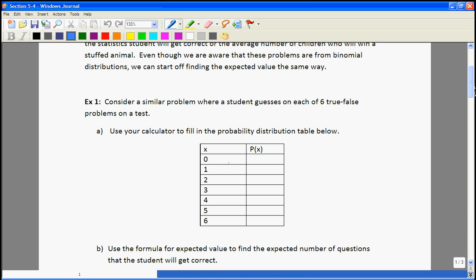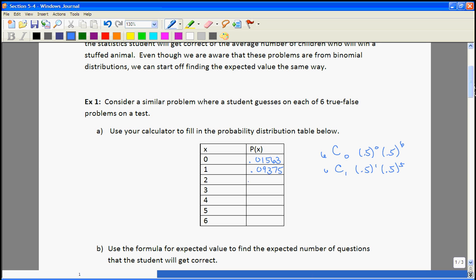So for each of these, you can think of it as setting up 6 choose 0, 0.5 to the 0, 0.5 to the 6th. So that comes out to 0.01563, and then I would do the same thing for the next value, 0.5 to the 1st, 0.5 to the 5th, and that comes out to 0.09375.